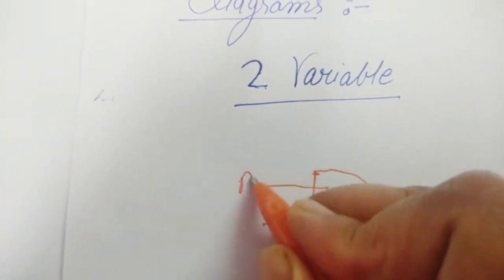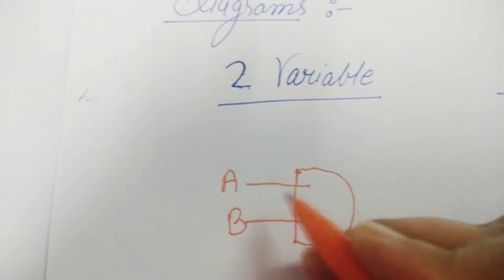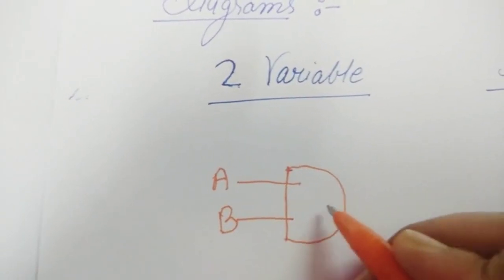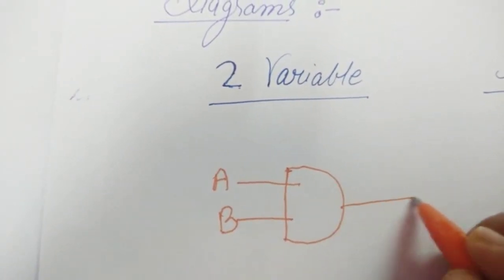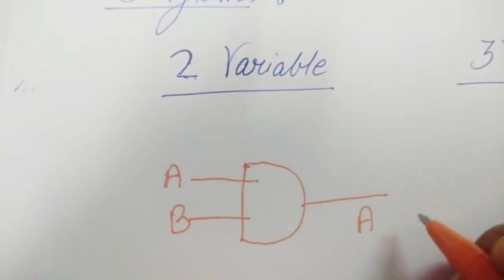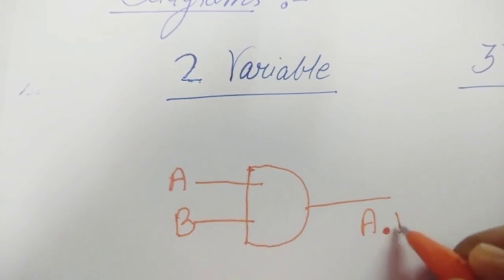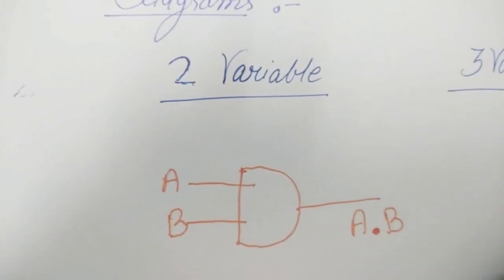Any name you can give. I am naming it A and B. So A and B are given as 2 inputs to this gate. So what will be the output? The output will be A. And what was the symbol used for AND? The symbol used for AND was dot. So A dot B. This is the output.